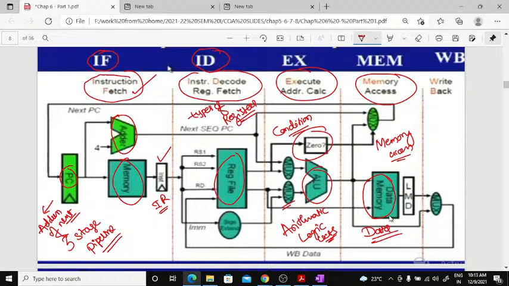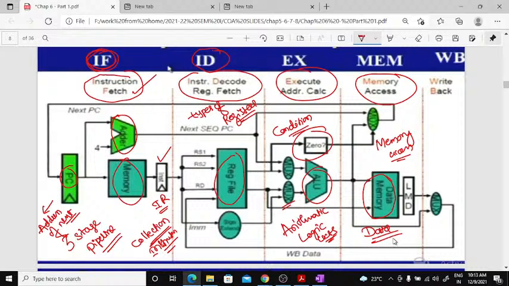The instruction fetch is a collection of instructions. If there are 100 instructions, it fetches them one by one. Memory access is one of the stages, where it loads the data into memory, which is called the data memory.